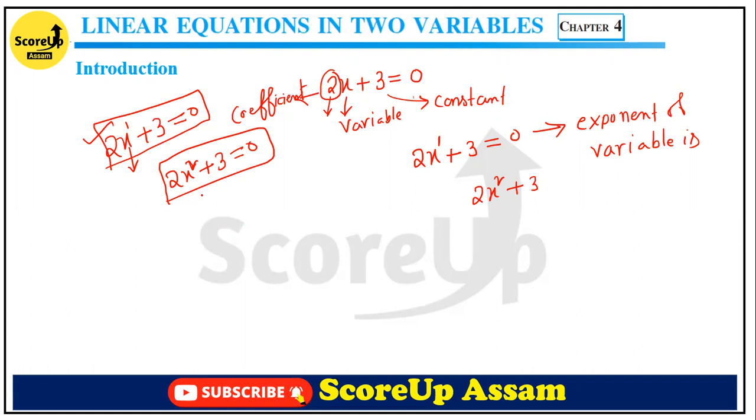See here, x square plus 3. Now this is not a linear equation with one variable. Why? Sorry, this is a linear equation with one variable because the variable is one. Here x is the only variable, right? Suppose I write an equation like this, ax plus by plus c. That means this is not a linear equation with one variable.